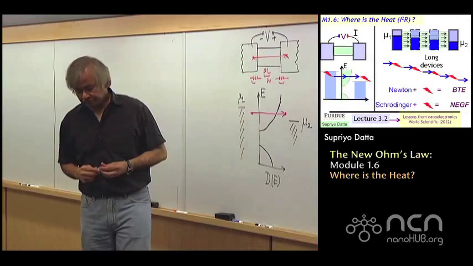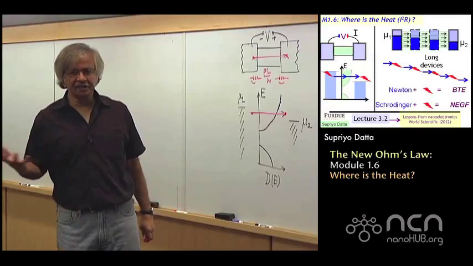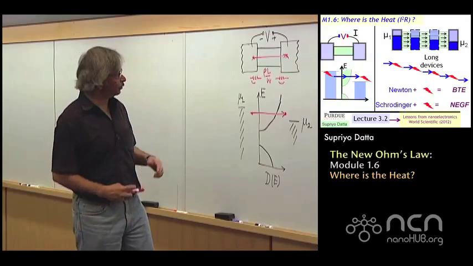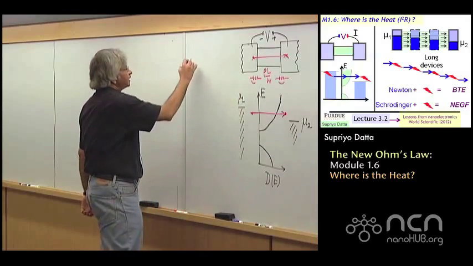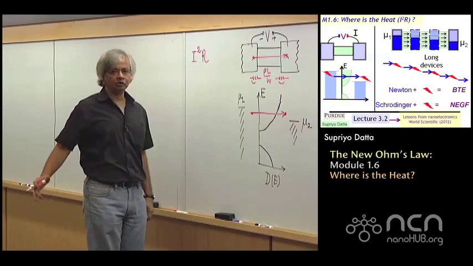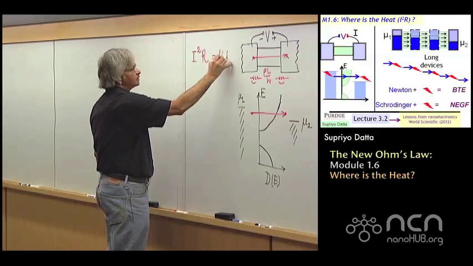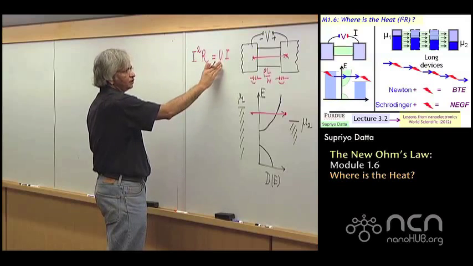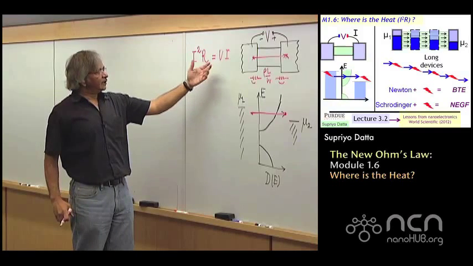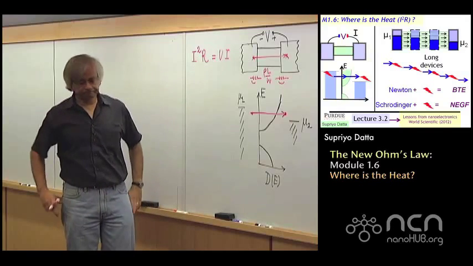Now, if so, then the question is, how is the heat generated? What I mean by that is that if there's a resistance, one of the things that people knew is that anytime current flows through a resistance, there is what's called the Joule heating, I squared R, or sometimes you write it as V times I, because I times R is voltage, so V times I. And if there is a non-zero resistance, the point is there is heat generated somewhere.